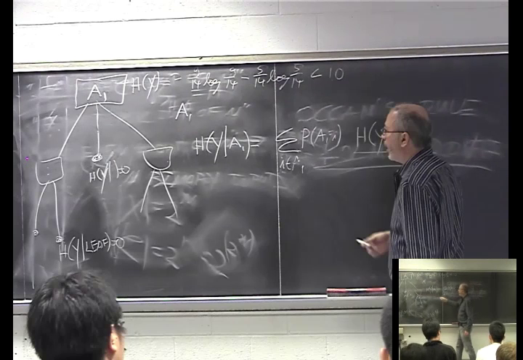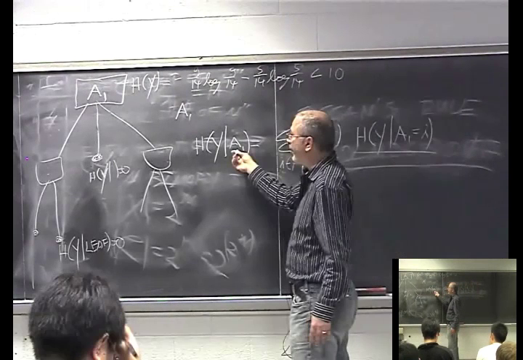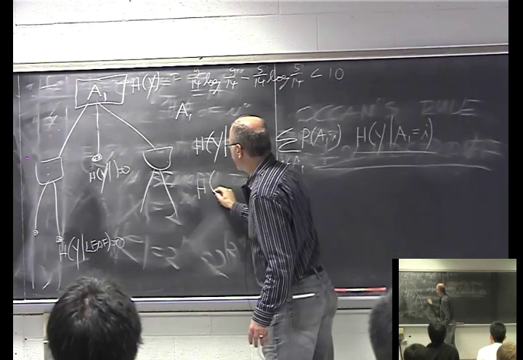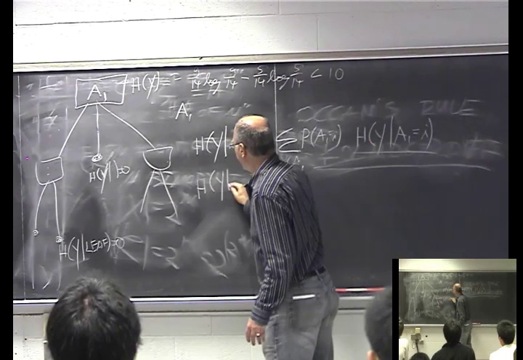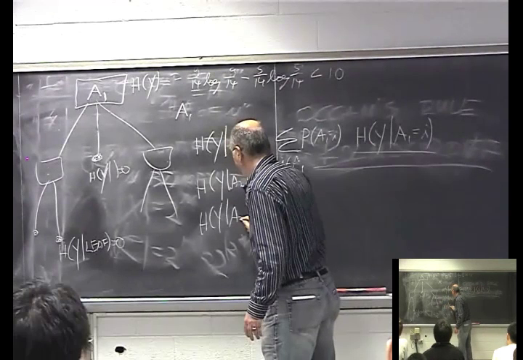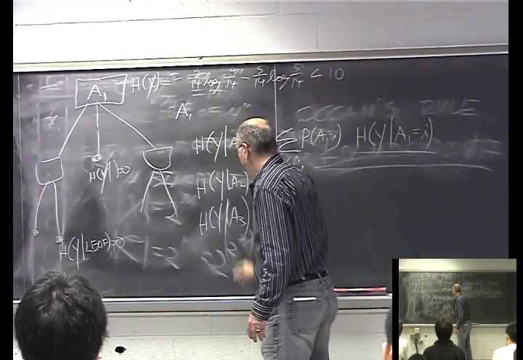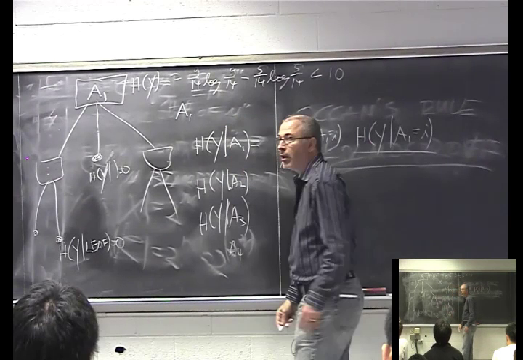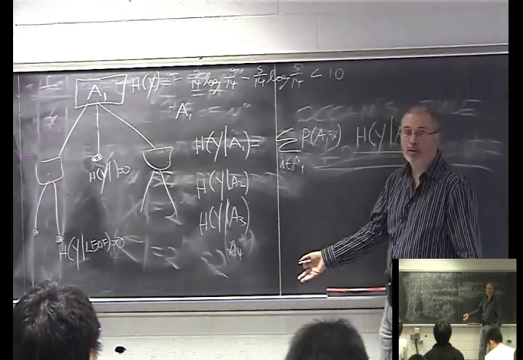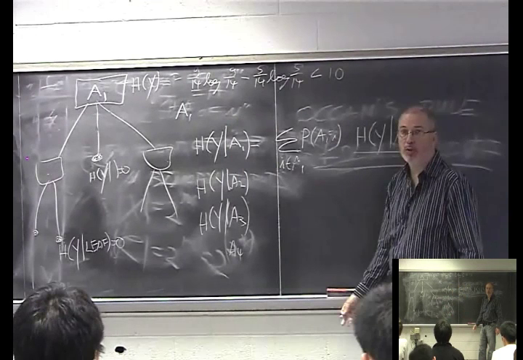Now we can calculate this for any fixed attribute. We can calculate this value and compare it to the same thing for a different attribute, A2 or A3 or A4, and choose the attribute that gives you the smallest numerical value, right? The lowest remaining entropy.